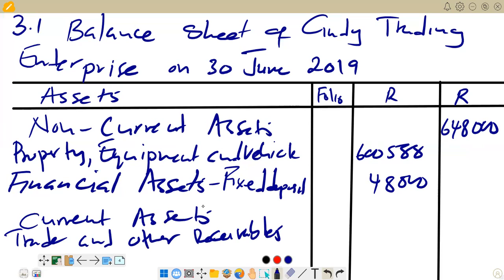And remember, the figure that we got there on trade and other receivables was 34,452. And then we can go to the question to check what other current assets we have.